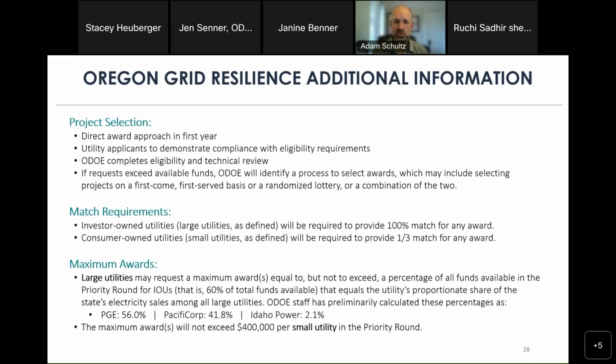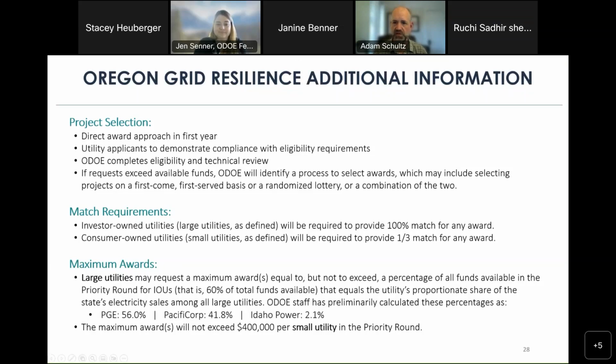And then for consumer-owned utilities, we're proposing a maximum award amount of $400,000 per utility in the priority round. Again, I hope you understand the objectives we have here, but trying to really balance that, striking the right mix between the total dollar amount to make meaningful investments with being able to award a certain number of awards so that a certain threshold of utilities can capture an award.